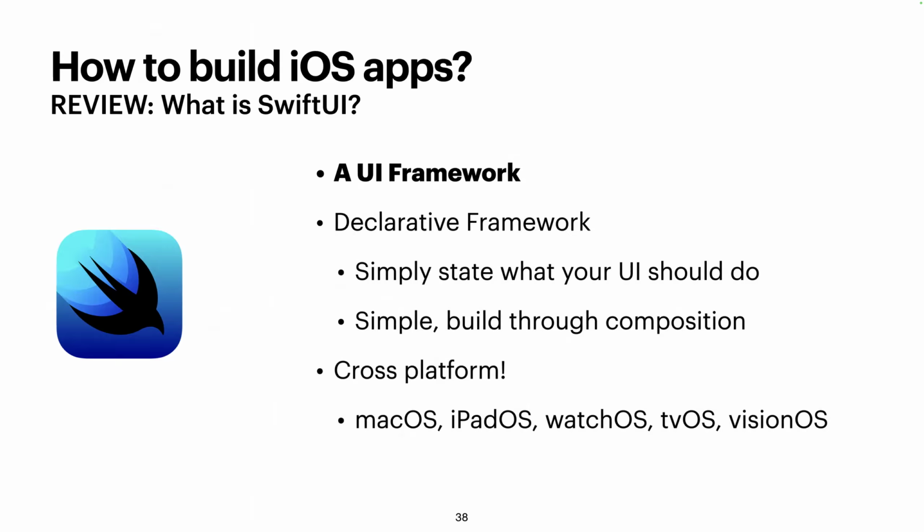And it's cross-platform, so you can have a single code base that targets all of Apple's platforms. And we use Swift, so for example, we might use the if statement with some condition, and we're able to control whether a view should appear or disappear, etc.